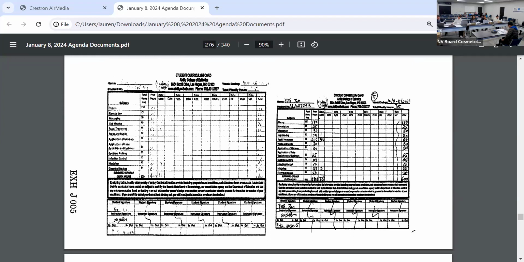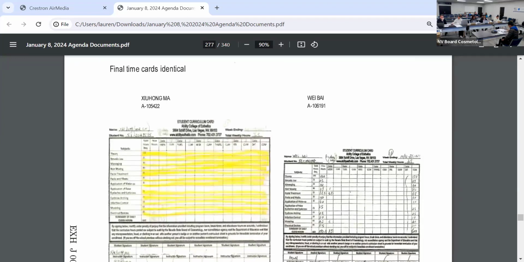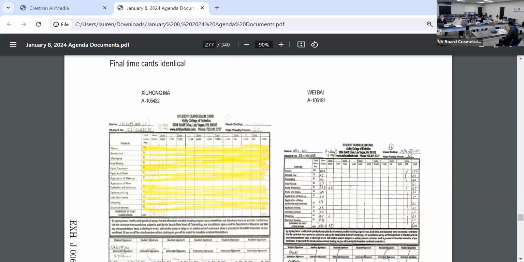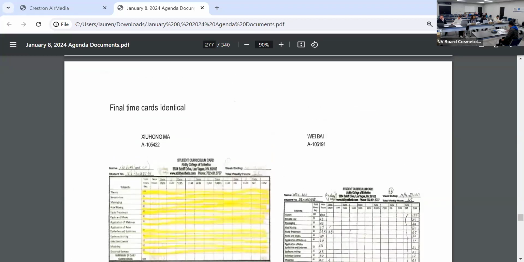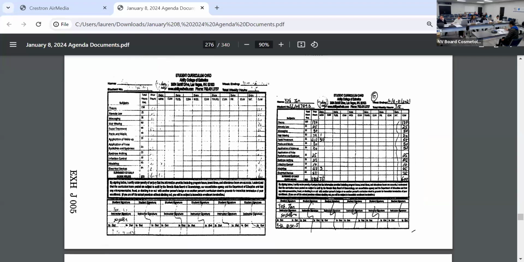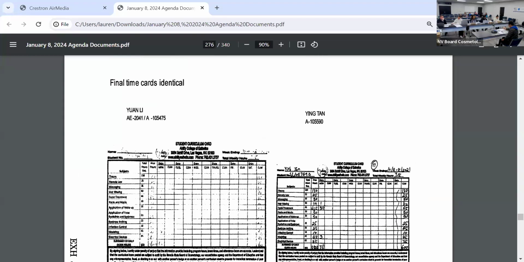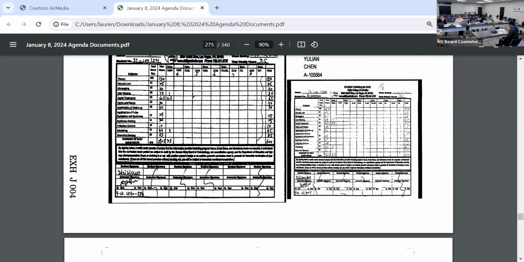And with reviewing these time cards on pages 1 through 6 of exhibit J, you didn't find it odd that these time cards are exactly identical for approximately 12 students, with almost identical time entries?